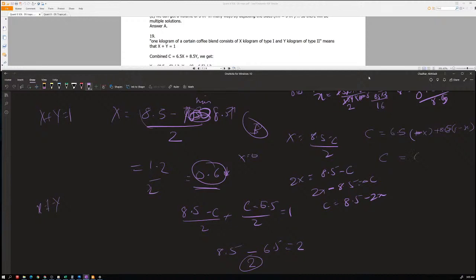So it will become 6.5x plus 8.5 minus 8.5x. So this will become minus 2x plus 8.5 equal to c. And just here c minus 8.5 equal to x by minus 2.